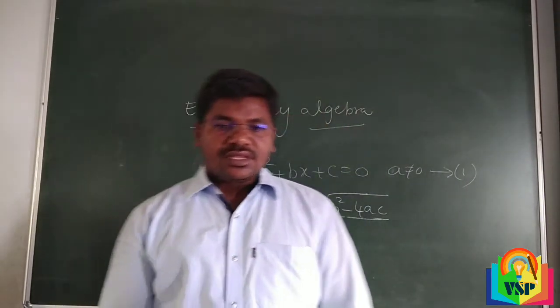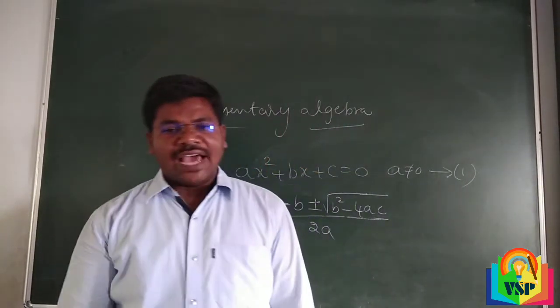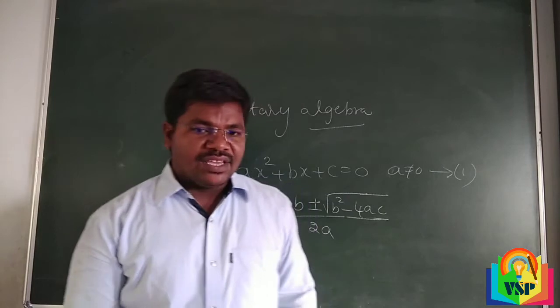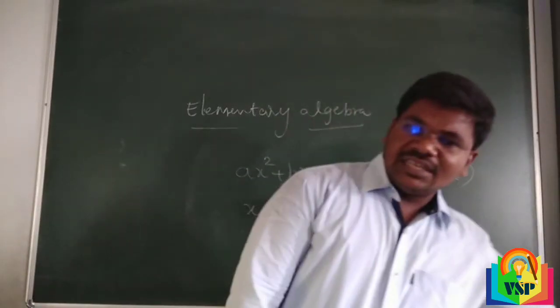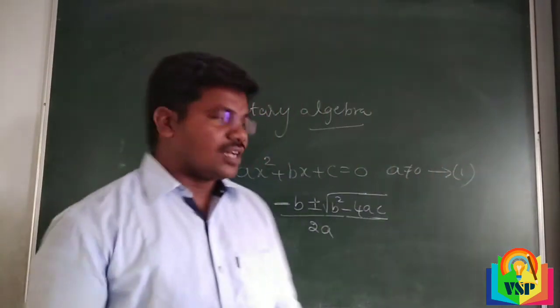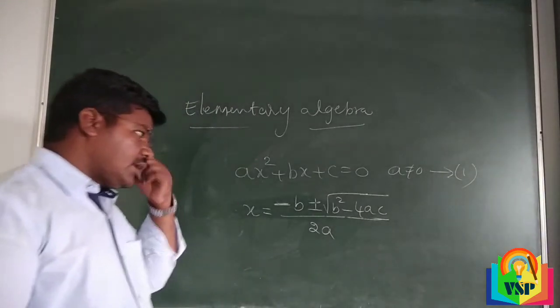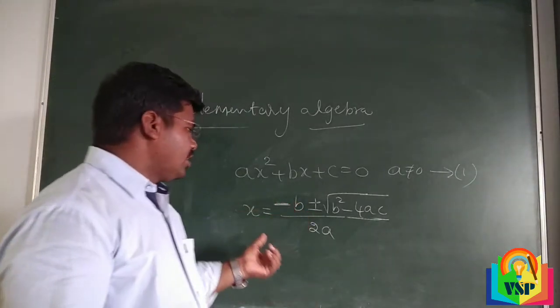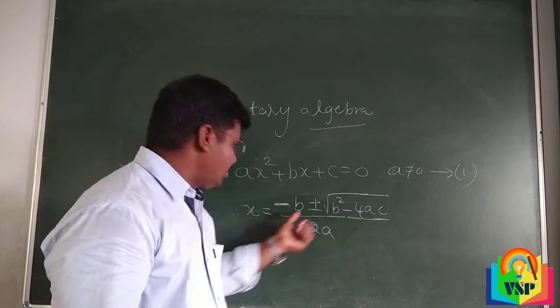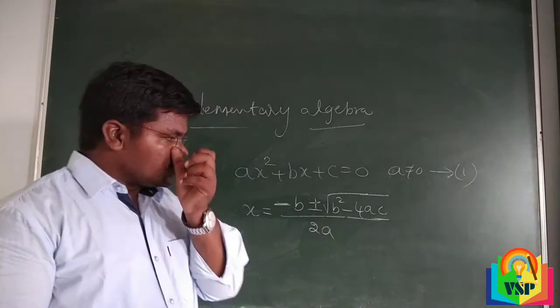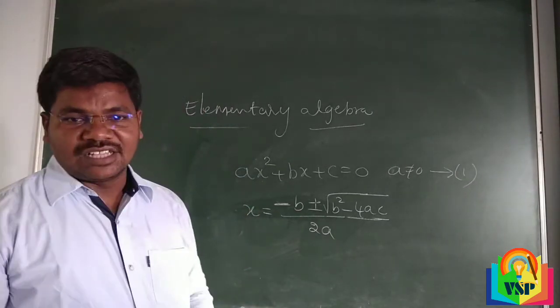If the values of x are x1 and x2, then if it is plus you can take x1, and if minus you can take x2, say alpha and beta like that.